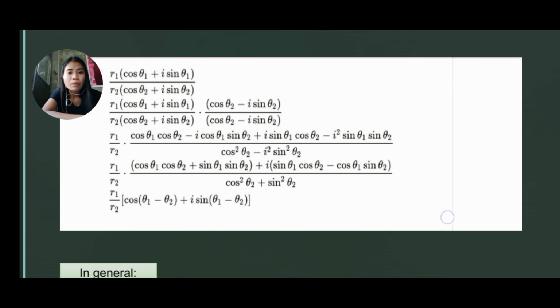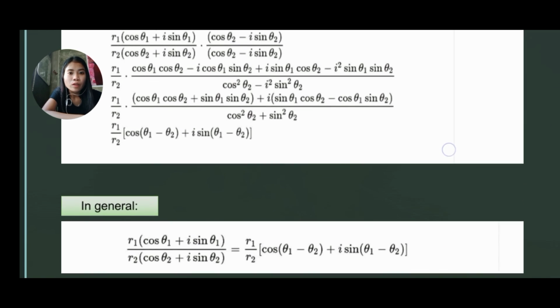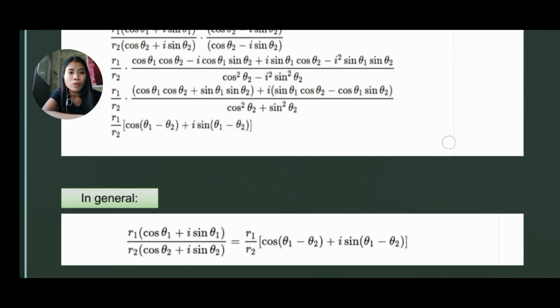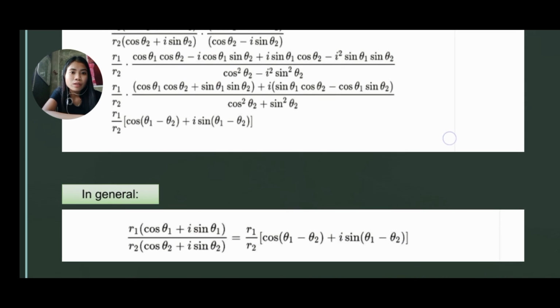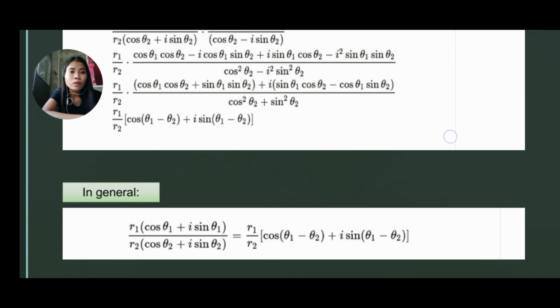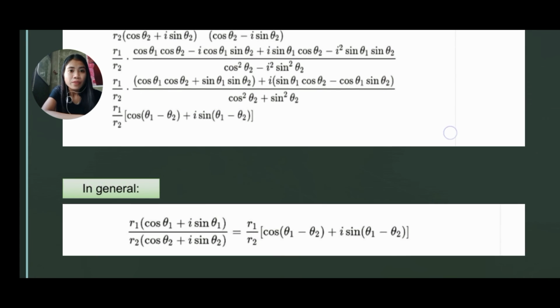Therefore, we have r sub 1 over r sub 2 times the quantity cos of theta sub 1 minus theta sub 2 plus i sin of theta sub 1 minus theta sub 2.